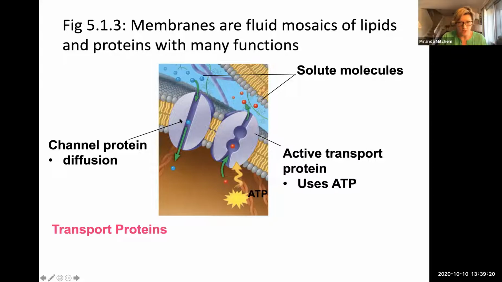Proteins are very specific molecules, so different channels are selective. They usually allow only the blue solute through in this example. The red one's not going through it. So this is a channel protein, and channel proteins use diffusion. They are one of the types of transport proteins.